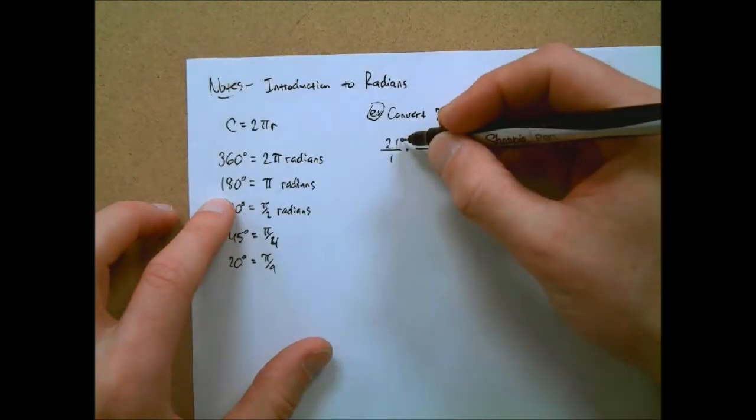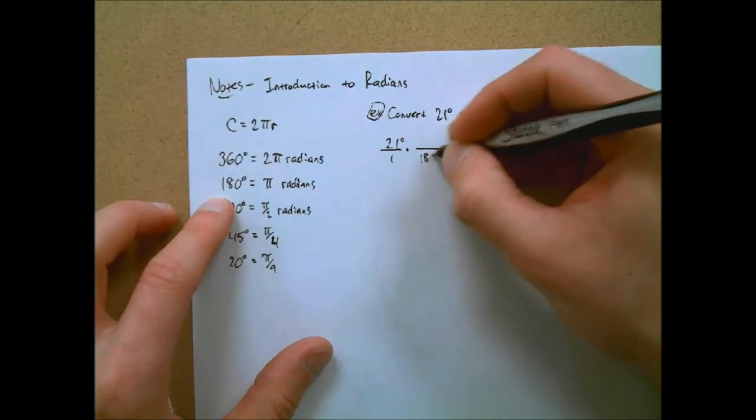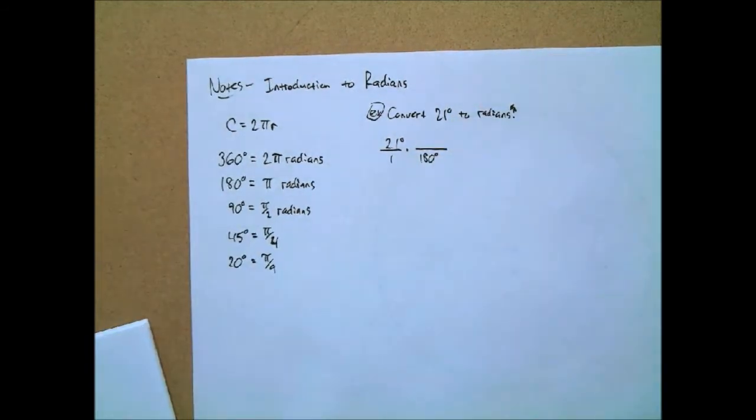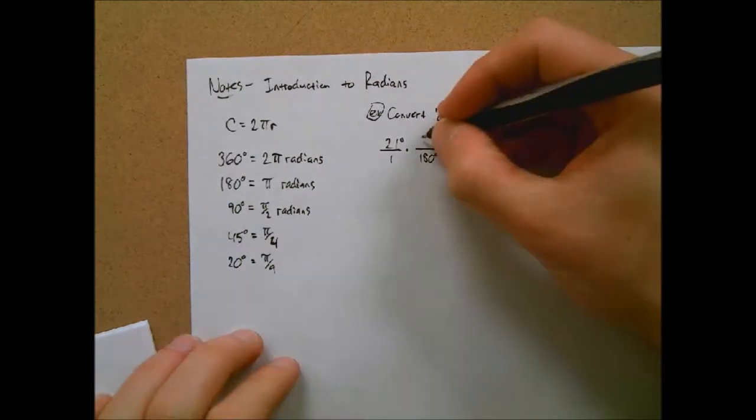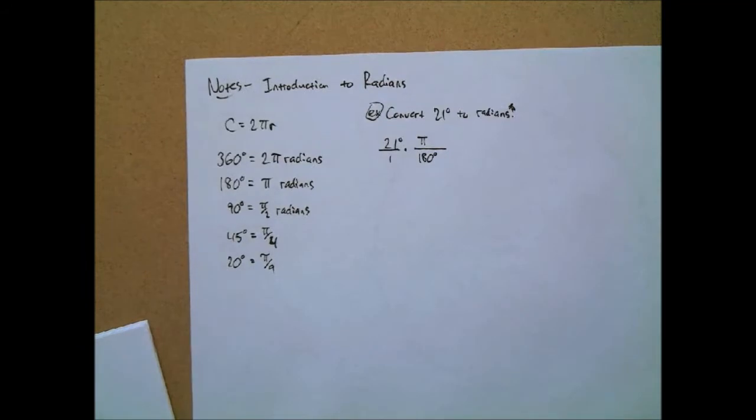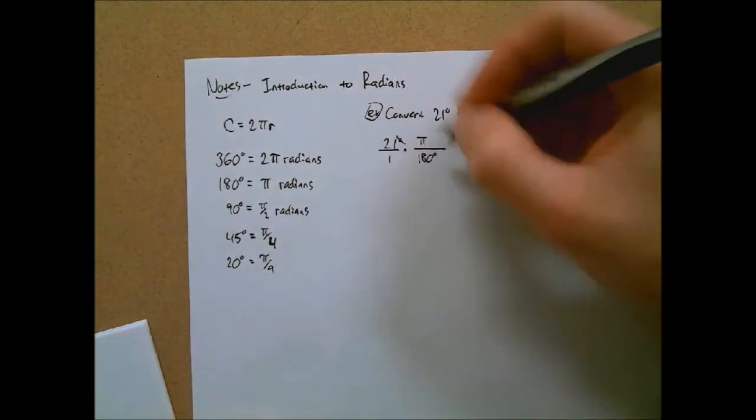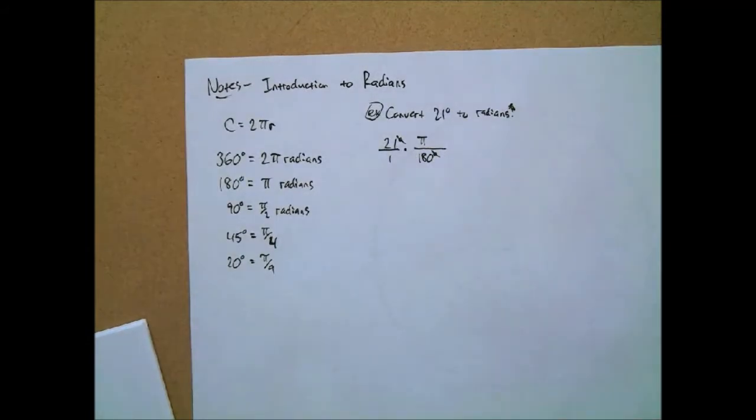So in a fraction, if I want to cancel my units, I need the 180 degrees to be in the denominator. And what's the equivalent radian measure of 180 degrees? Pi. So we'll put the pi radians in the numerator like that. The degrees will cancel, and now we'll be in terms of radians.